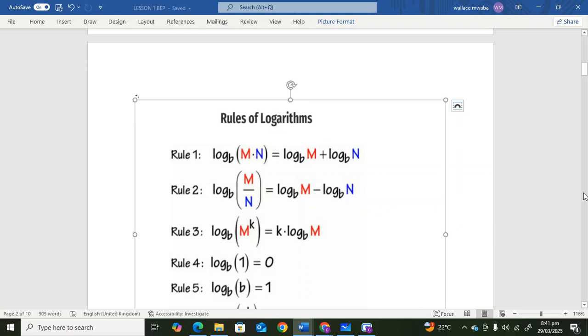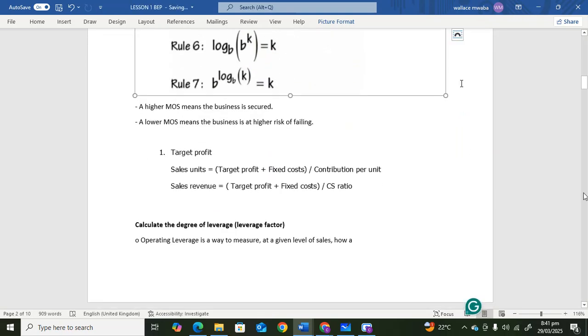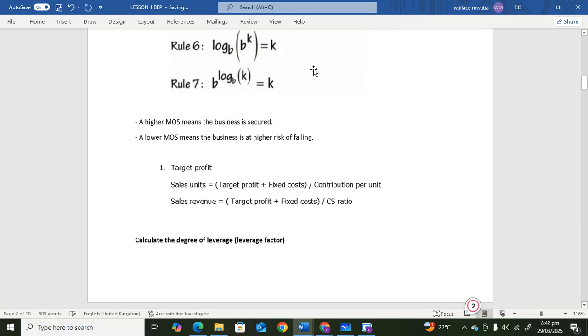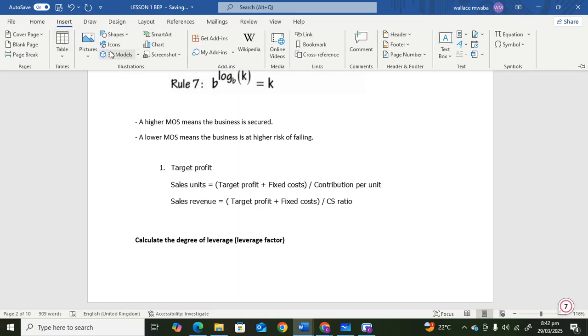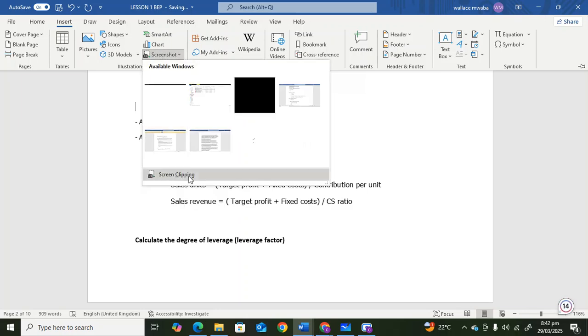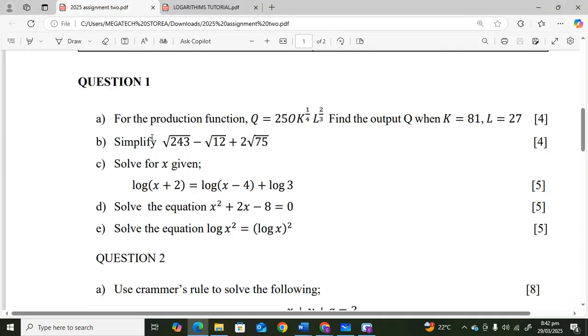Okay, so let's look at the next question for logarithms. Let me just bring the question onto the board. So indices, logarithms, you need to remember these laws.